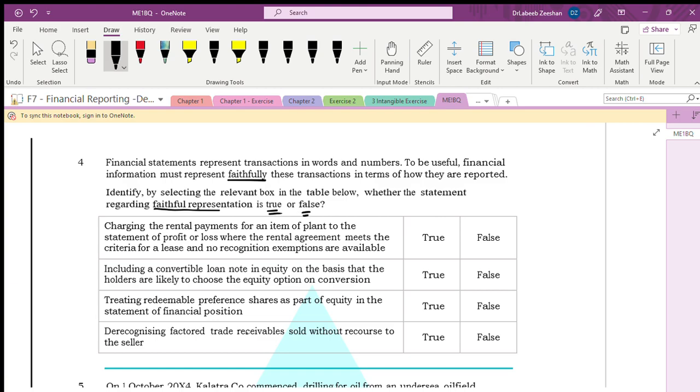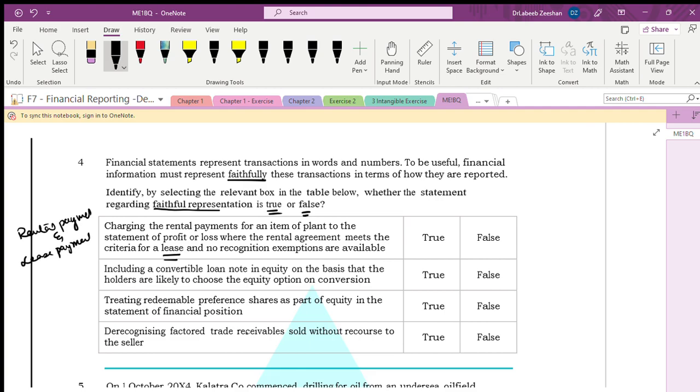Charging the rental payment for an item of plant to the statement of profit or loss, where the rental agreement meets the criteria. We are talking in terms of rental payment, which is different from lease payments.